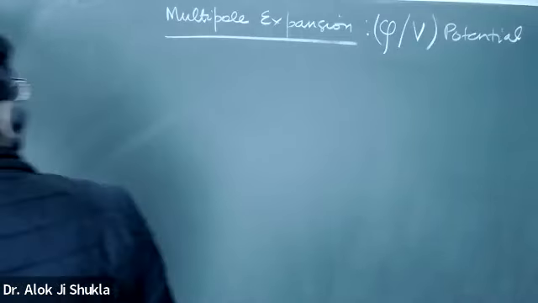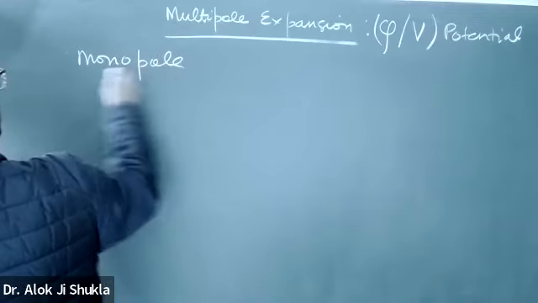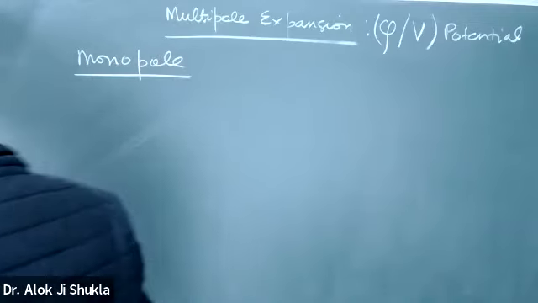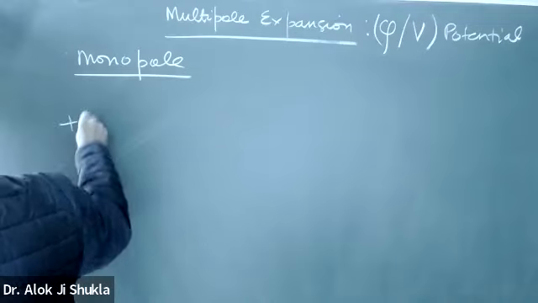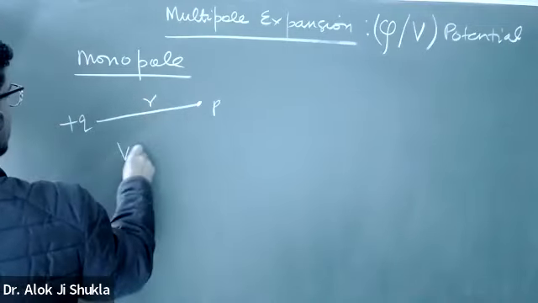तो सबसे पहले monopole, which is most simple. Monopole means plus Q charge. You know this. At a distance R, what will be the potential?